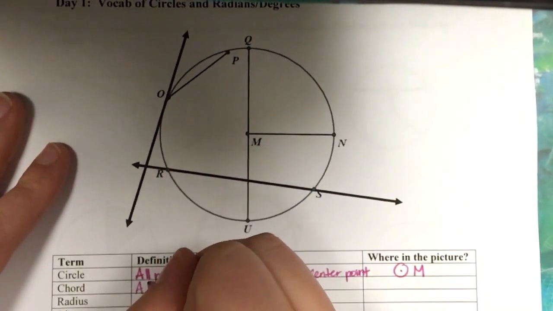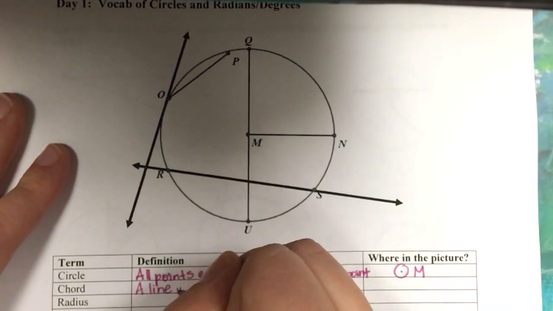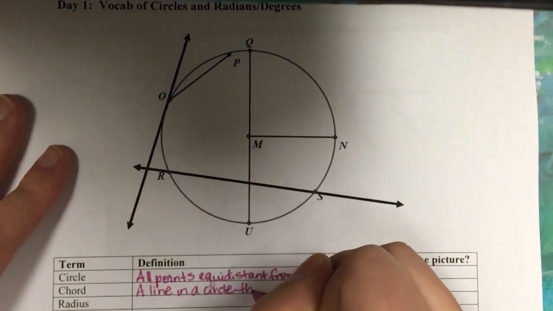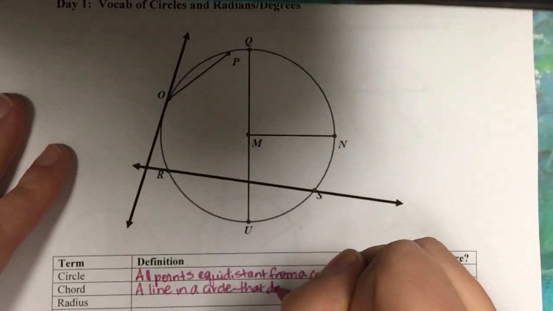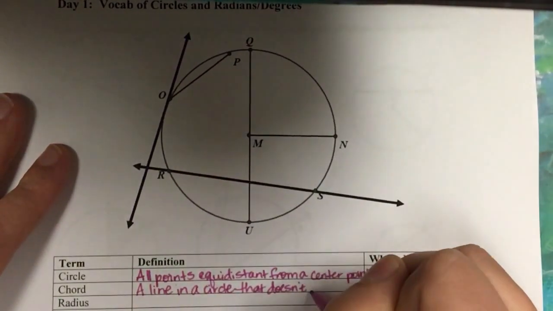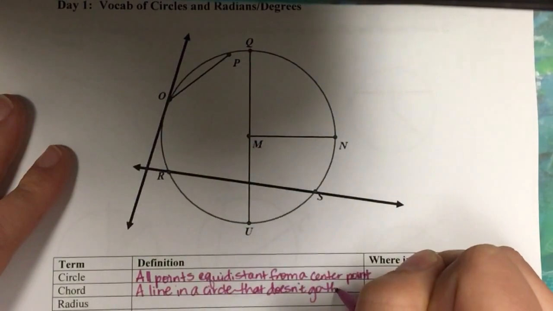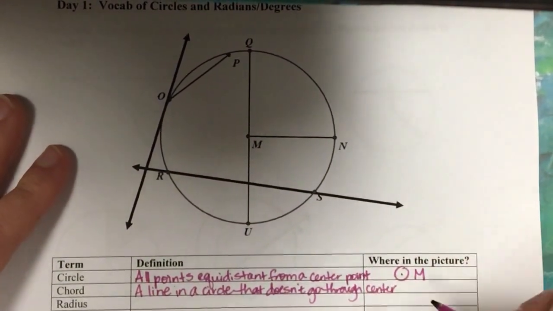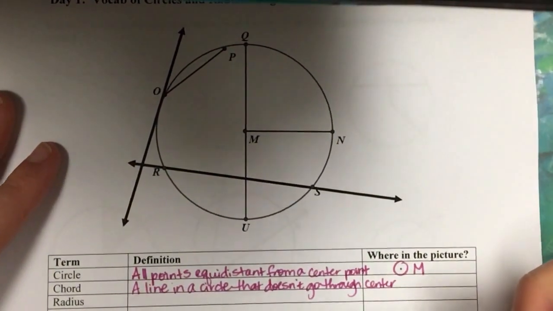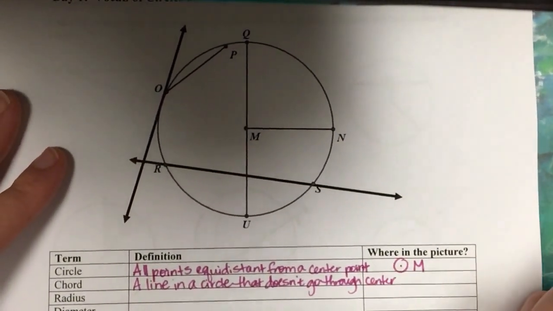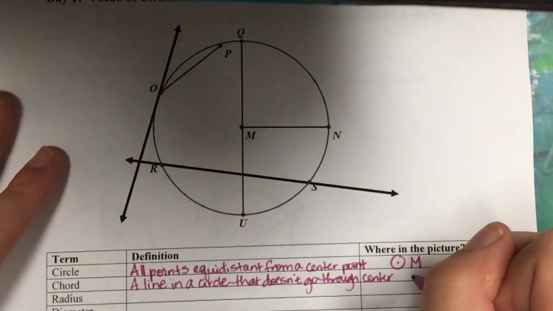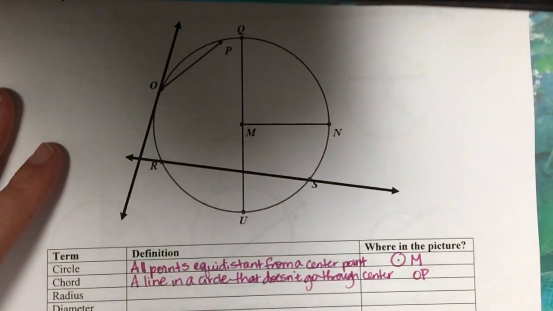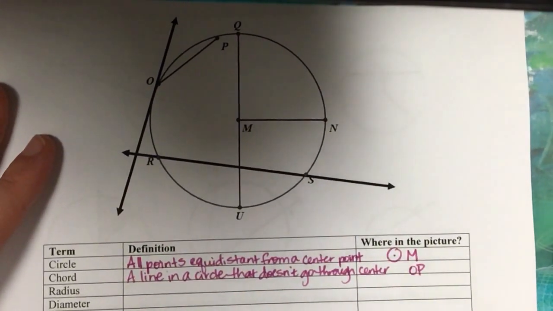So a line in a circle that doesn't go through the center. So it could go through the center, like the radius is a very special type of chord, but in general, if we're just calling it a chord, then it's just going to not go through the center. So that would be OP.